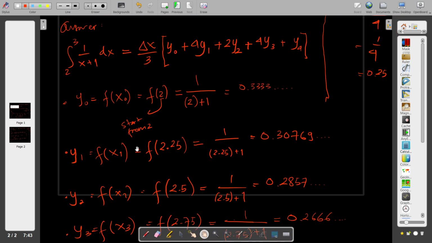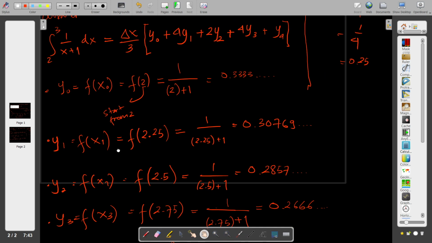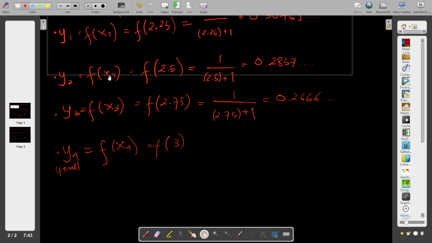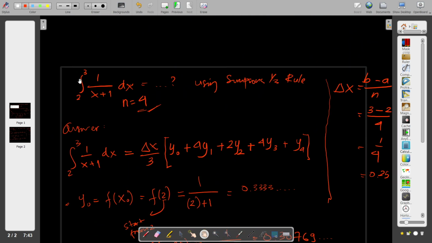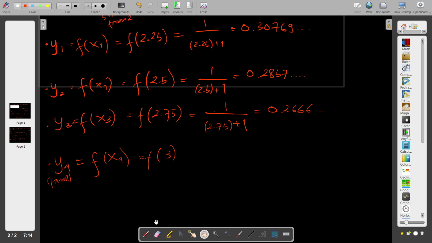So we start from 2, which is the initial value, and then go to the last value of x, which is 3. We continue the calculation: 1 over 3 plus 1, so I get 0.25.